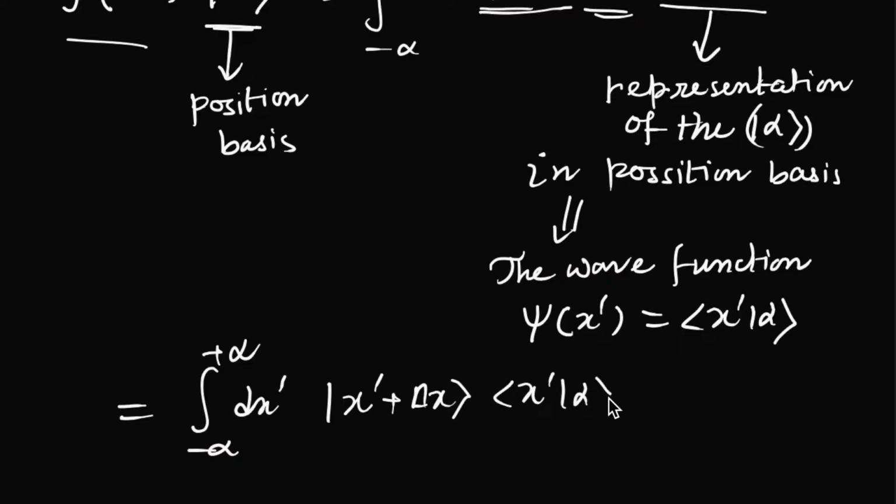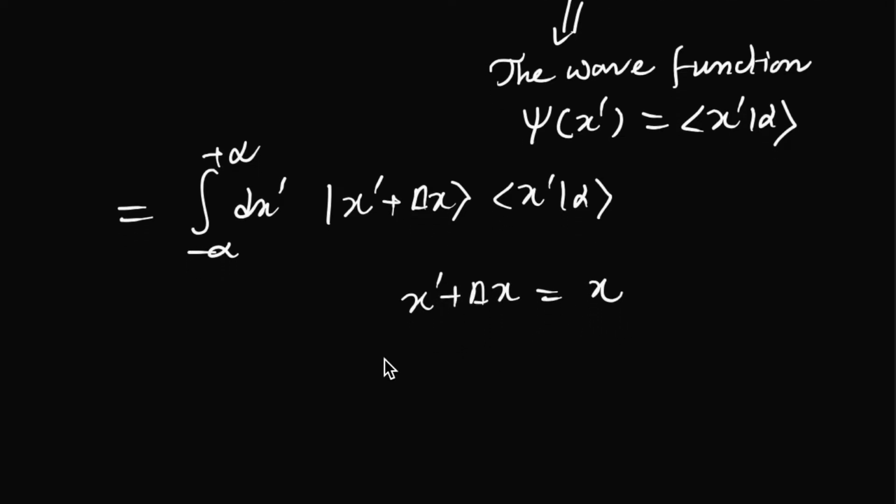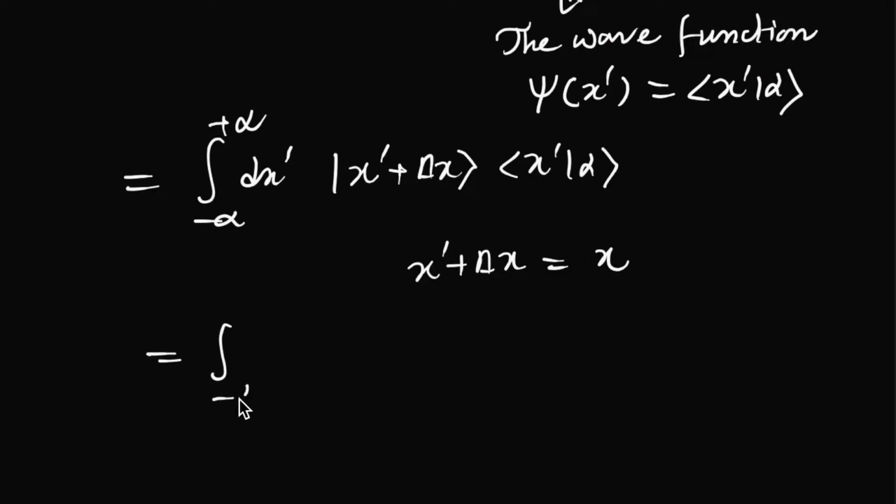Now if we change our variable x prime plus delta x to x, we can write the integral dx |x><x minus delta x|alpha>.